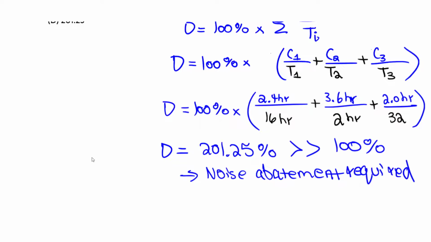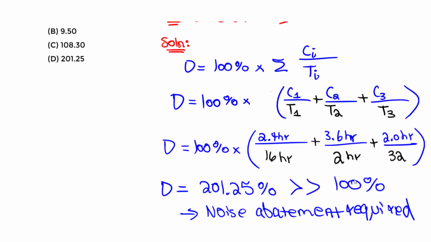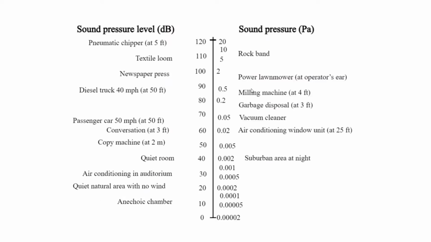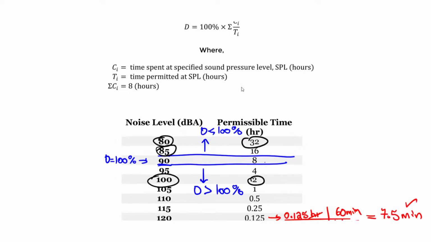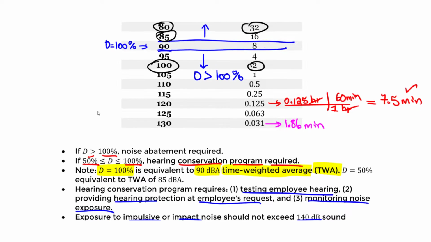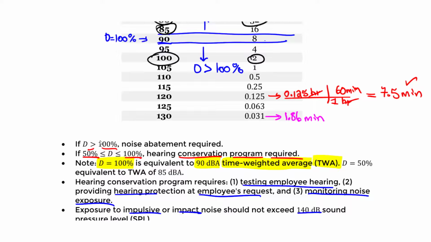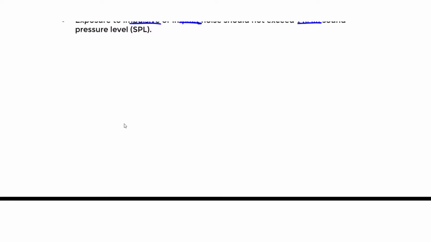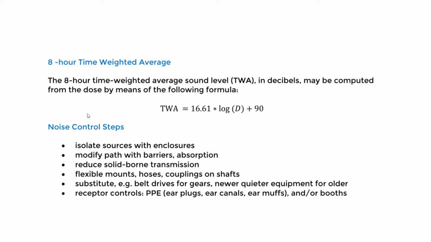So we know this is above 100%. It's above that threshold, basically the value for the threshold of 90, and we have to employ that noise abatement technique because it's way above that 100%.